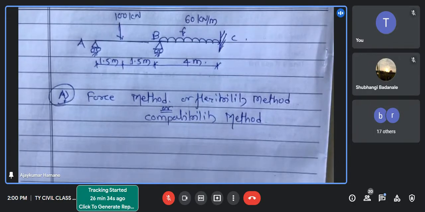How much static indeterminacy? Yes, anyone?